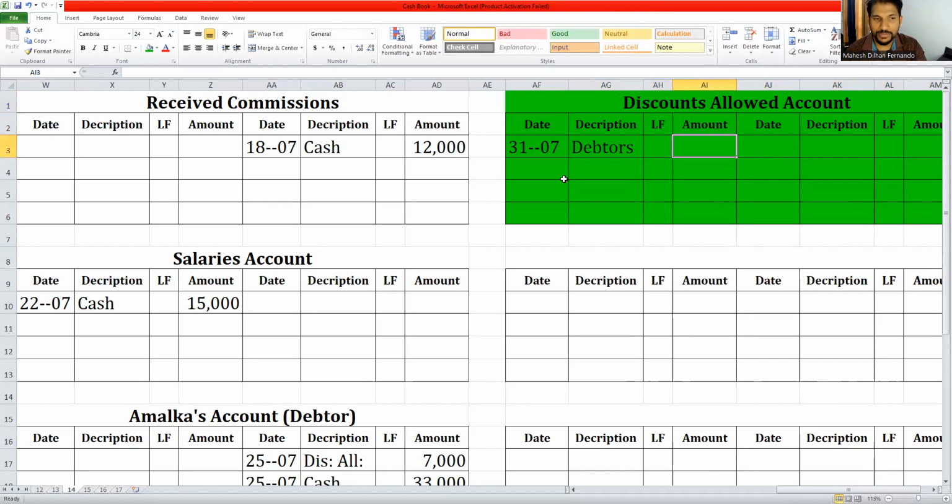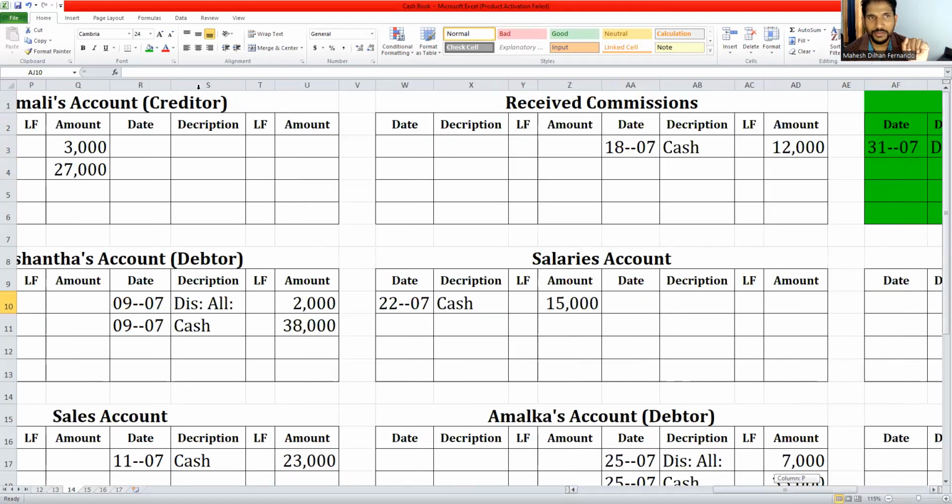And the total allowed discount is 9,000 rupees. Always remember the discounts allowed account is debited at the end of the month, the total. Check your answers, please.